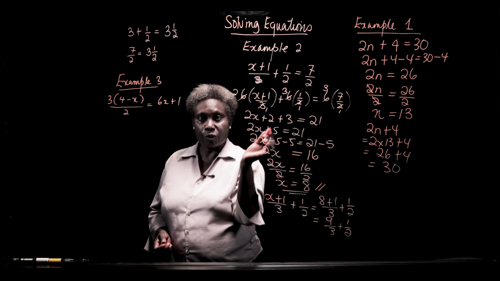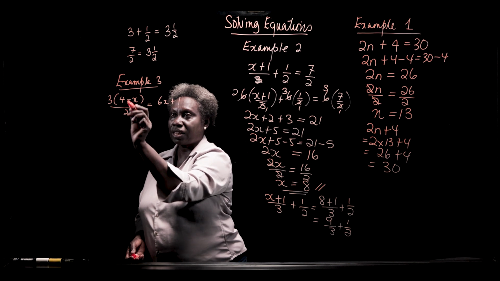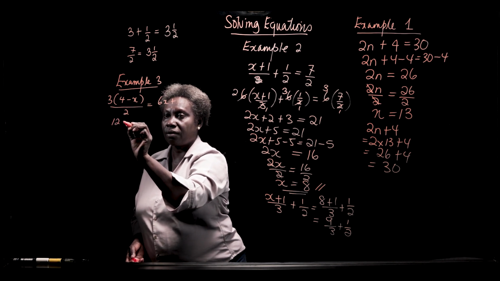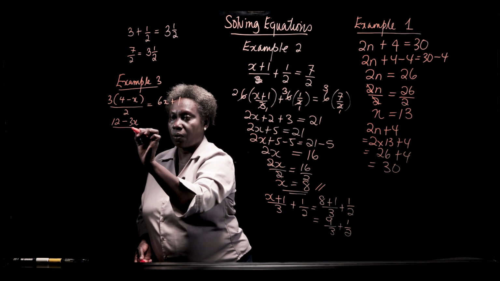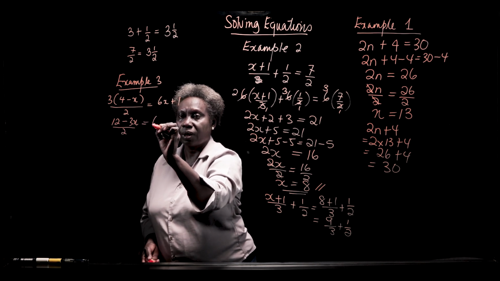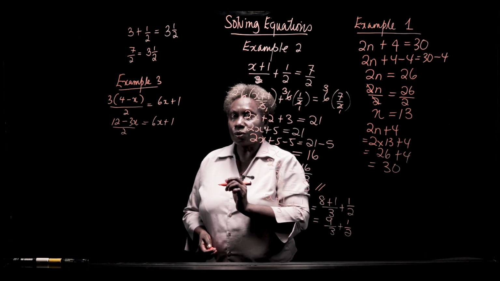We use the distributive law like what we have done in example 2. So we have 3 times 4, 12, minus 3 times x, 3x over 2 is equal to 6x plus 1. Okay, what are we going to do next?